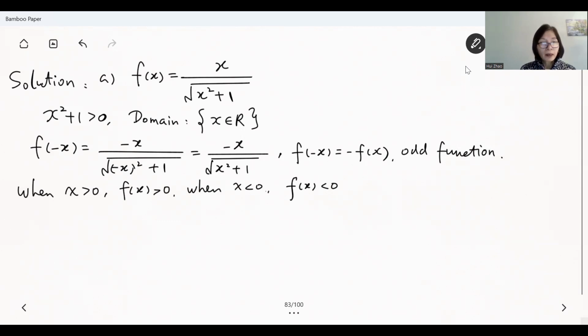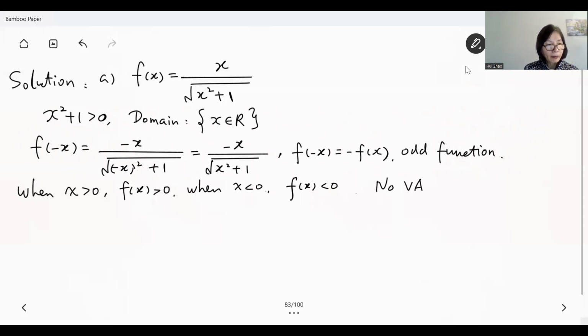Next, we want to find the critical number and behavior, so we find the derivative. From the denominator, we know x squared plus 1 is more than 0. So that means there is no VA, no vertical asymptote, right?